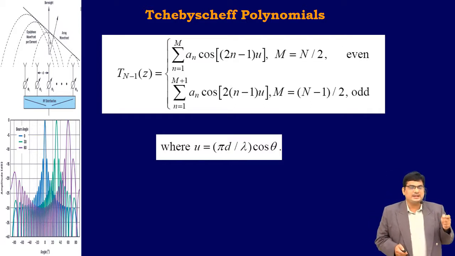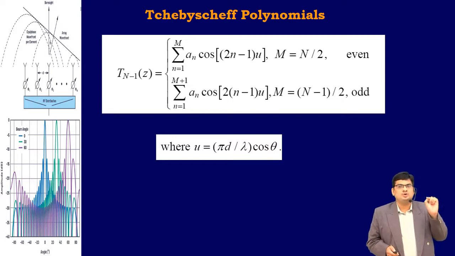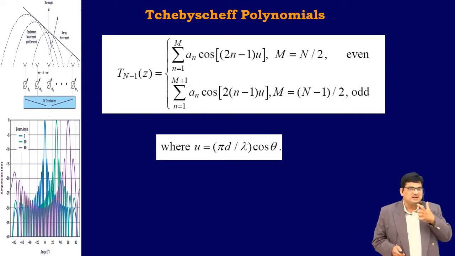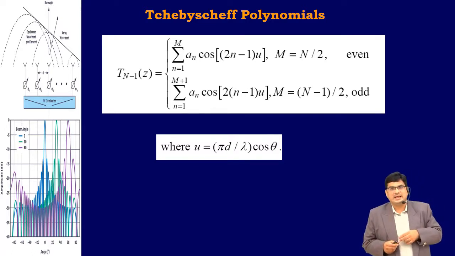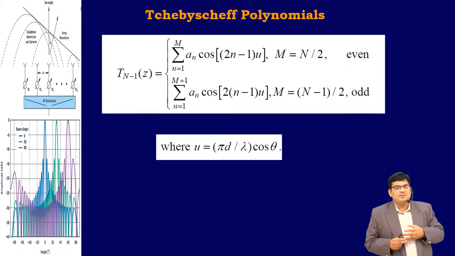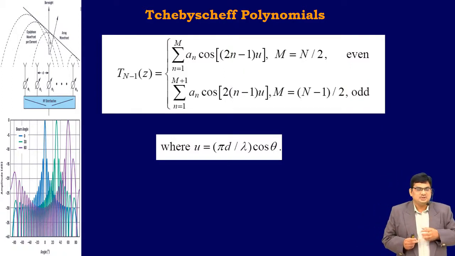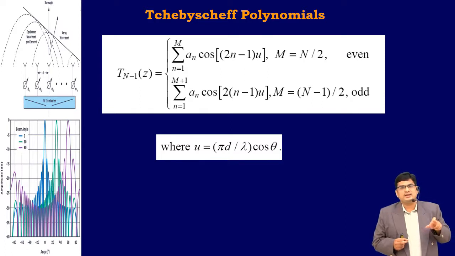For even: T of x is equal to sigma n equal to 1 to M of an into cos of (2n minus 1)u, where capital M is equal to N by 2, the number of elements by 2. In the same way for odd elements, sigma n equal to 1 to M plus 1 of an into cos of 2 into (n minus 1) into u, where M is equal to (N minus 1) by 2.